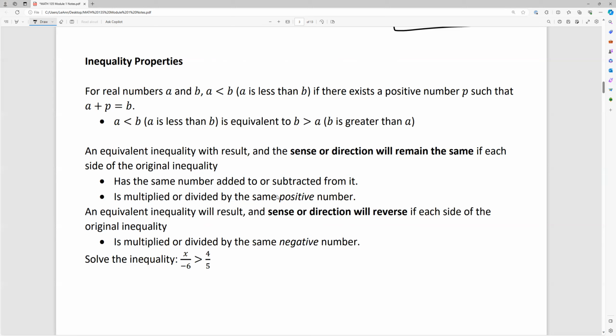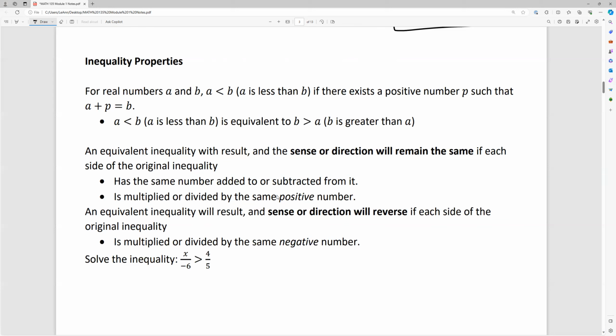That doesn't change. But when you multiply or divide, to keep your inequality to have the same direction, in other words, it's opening and pointing the same way, that only will stay the same if you multiply or divide by a positive number.